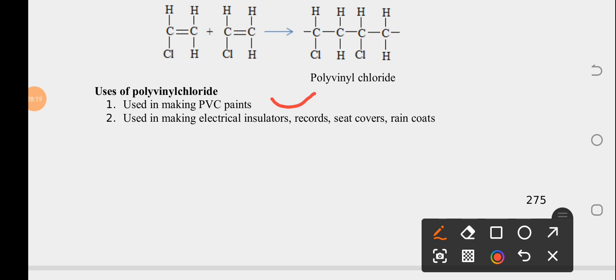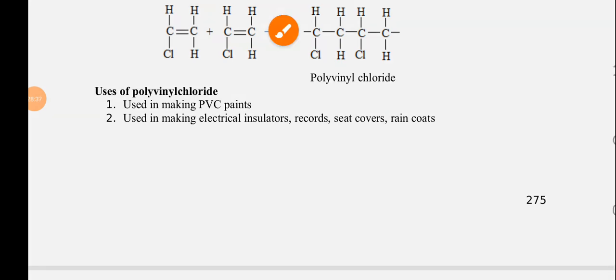It is PVC which is used to make those electrical insulators. Then it is also used in making records, seat covers, and what? Raincoats. So these are the uses of PVC.